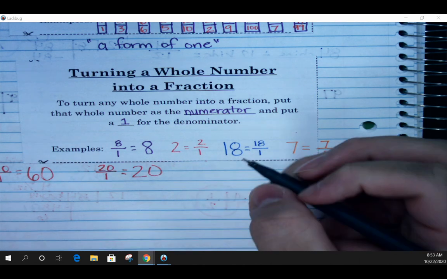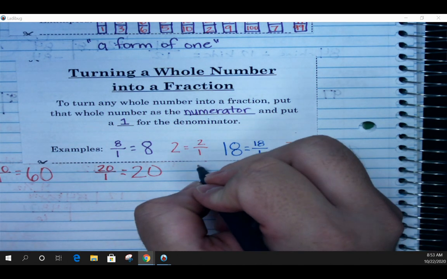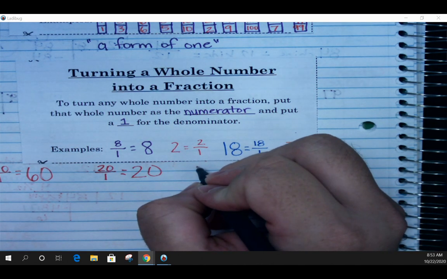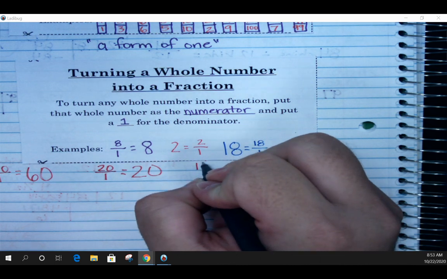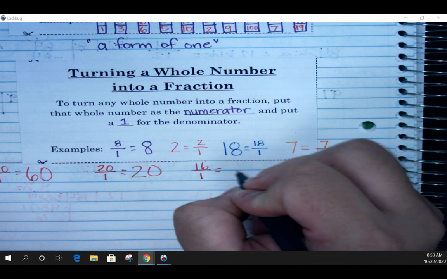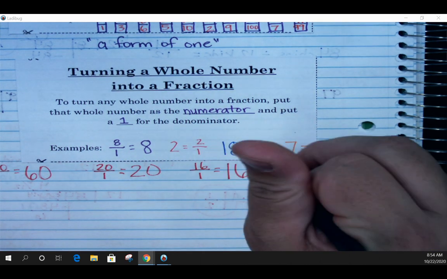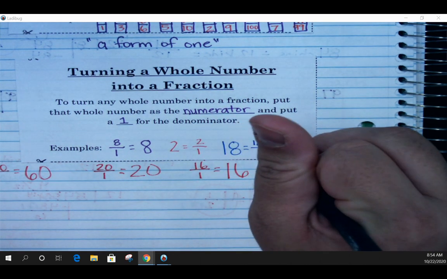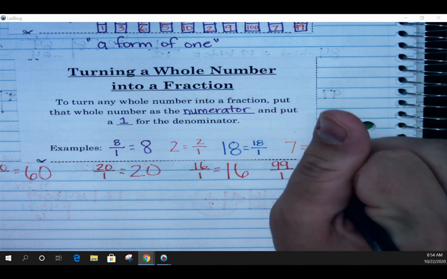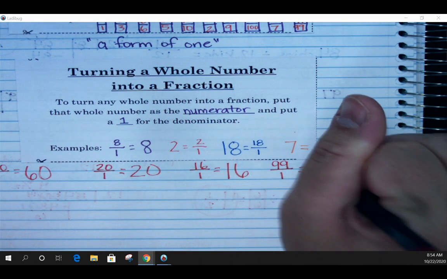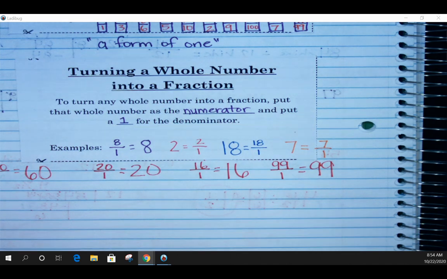Okay, what'd you come up with, Foster? 16 over 1. 16 over 1 equals 16. What'd you come up with, Jaden? Y'all like to play with big numbers. Okay, I'm going to stop right there. Y'all got it.